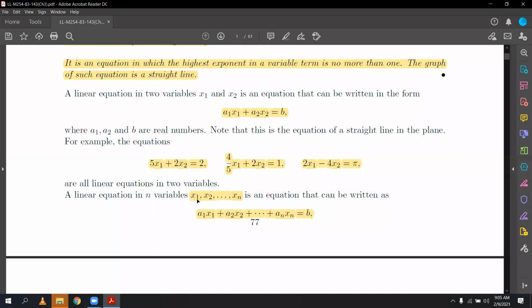When we find the values of x1, x2 and xn, we put them back into this equation and if we have the right hand side the same, then we call it the solution of the linear equation. But as I told you, as you increase the unknown variables in the equation, your linear equation becomes slightly difficult to handle.